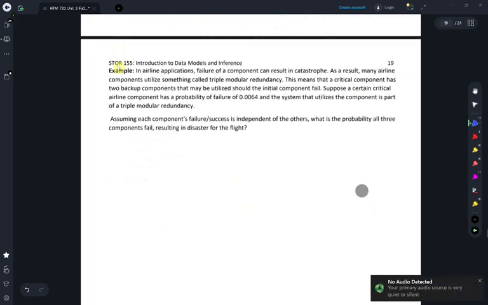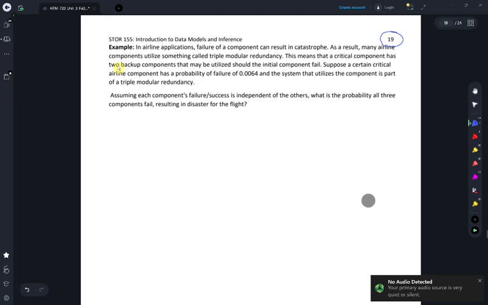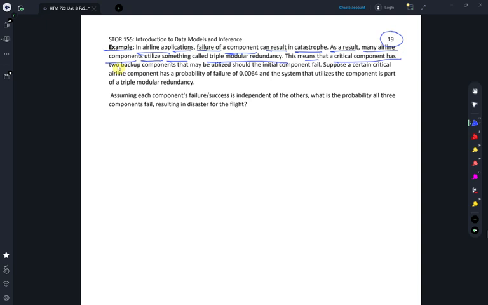To proceed, let's see another example on page 19. In airline applications, failure of a component can result in a catastrophe. As a result, many airline components utilize something called triple modular redundancy. This means that a critical component has two backup components that may be utilized should the initial component fail.